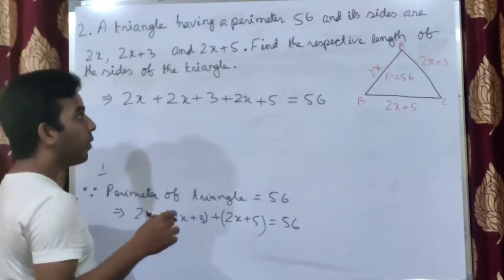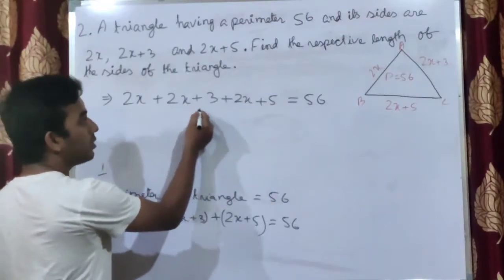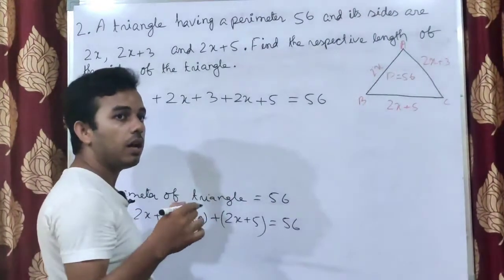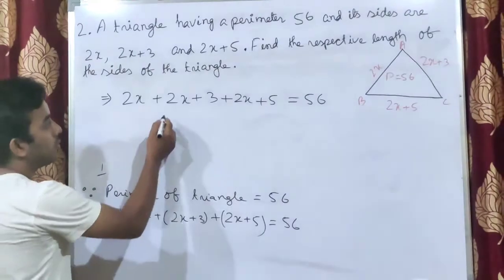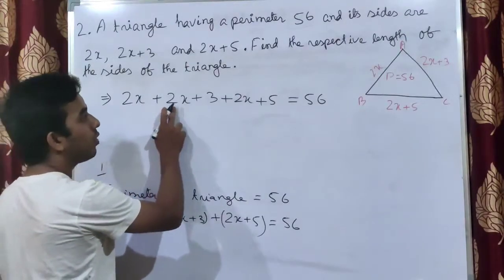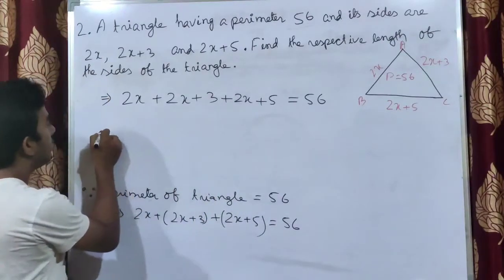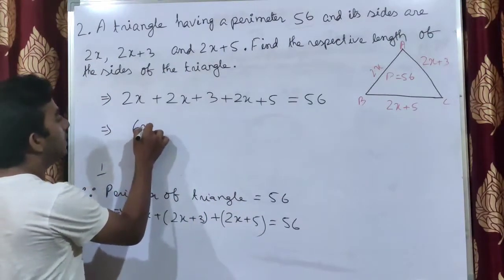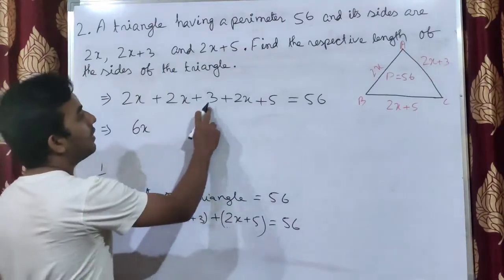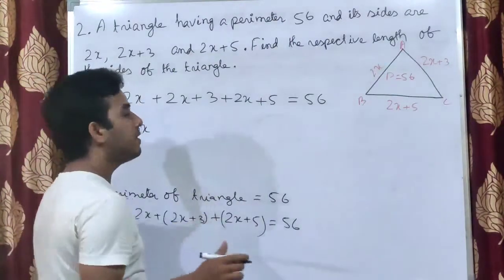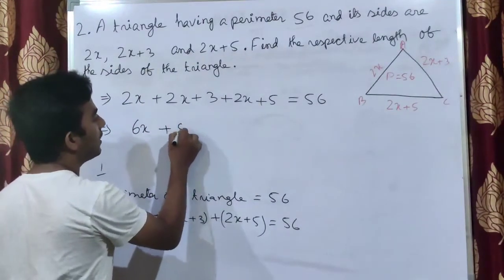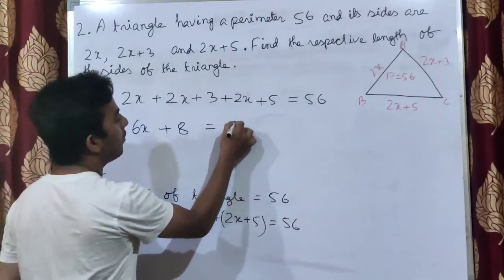Now we will add the variables and constants separately. Here 2x plus 2x is 4x, 2 plus 2 is 4, then 4 plus 2 is 6, so it will be 6x, right? Then 3 plus 5 is 8. So 6x plus 8 equals 56.